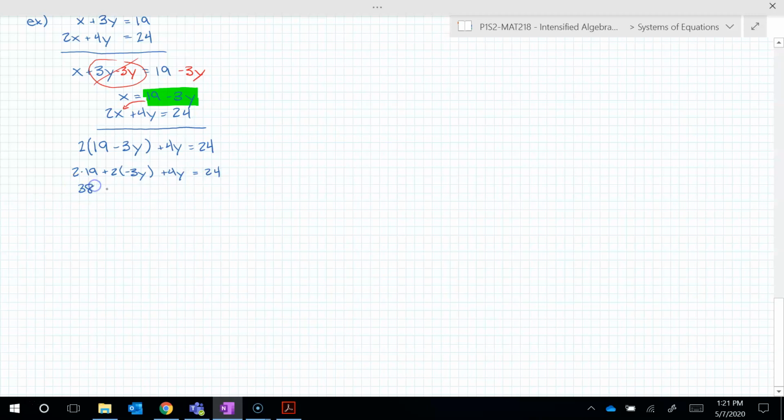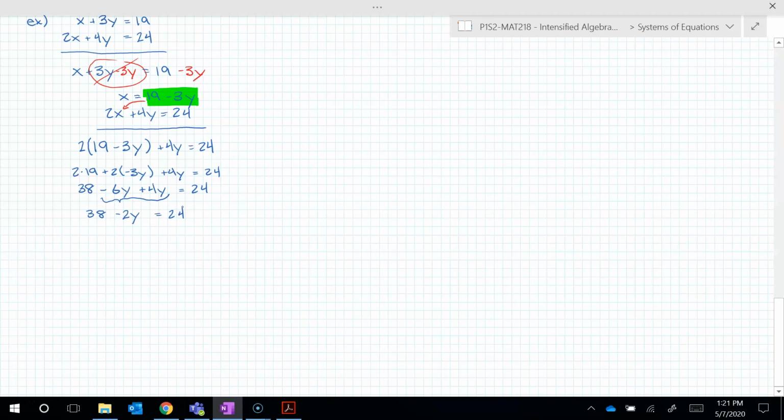That I get 38 minus 6y plus 4y equals 24. This, I have a negative 6y and a positive 4y. Those are going to come together to make negative 2y total. So I have 38 minus 2y equals 24.